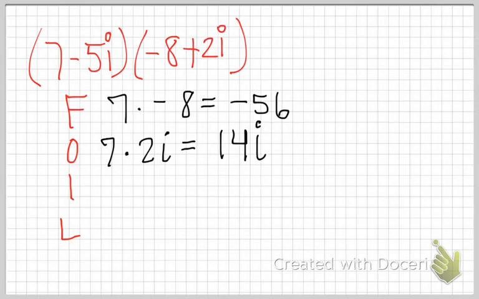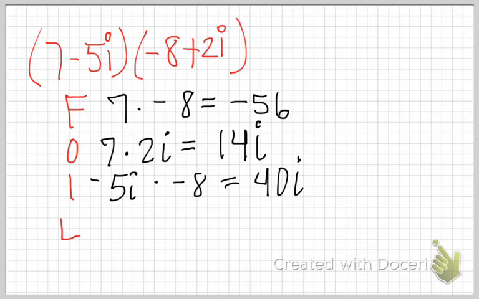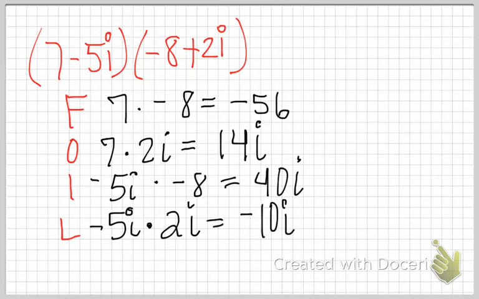My inner terms are negative 5i times negative 8, which becomes positive 40i. And my last term would be negative 5i and 2i, and that becomes negative 10i squared.